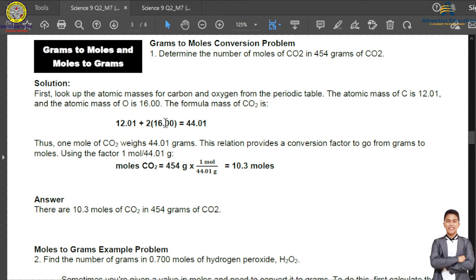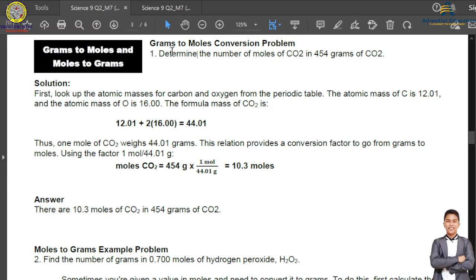So in our module, I put a very clear presentation of the discussion on how to calculate that. The first one is converting from grams to moles, so you are going to find the number of moles in certain grams.